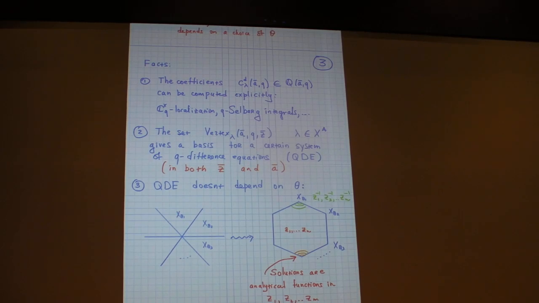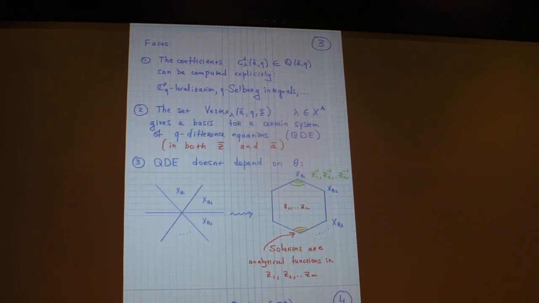One of those formulas will be just a sum over the fixed points. Another type of formulas will be some kind of integrals. And in this case, for type A quiver varieties, they're going to be Selberg integrals of type A. So I'm saying that there is a deep combinatorics in these coefficients, and there are many ways to represent them.